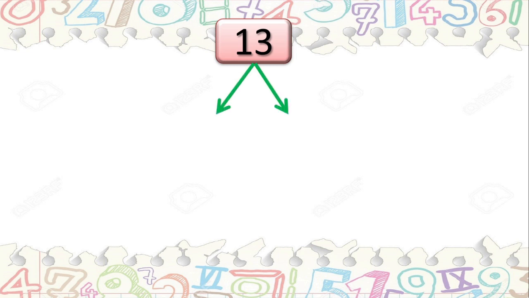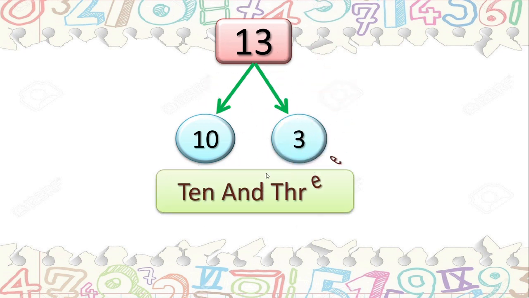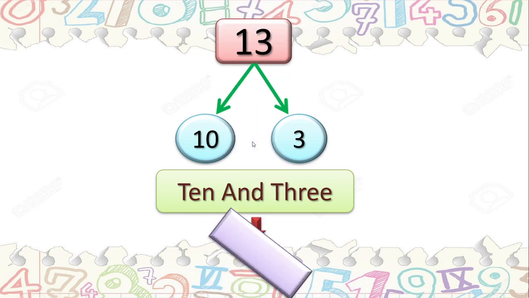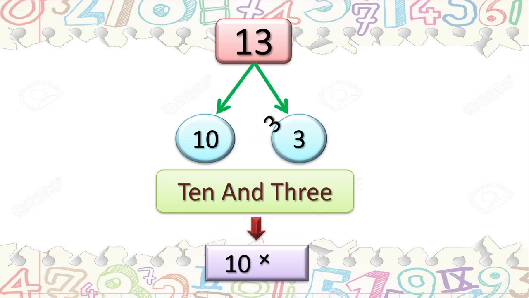13, here also 1 is in tens place, 3 in unit place. So the value of 1 is 10 and 3 as it is 3. And when we write this in words, that is 10 and 3. And the expanded form is nothing but the same thing we are going to write, only we put an addition mark in between, that is 10 plus 3.